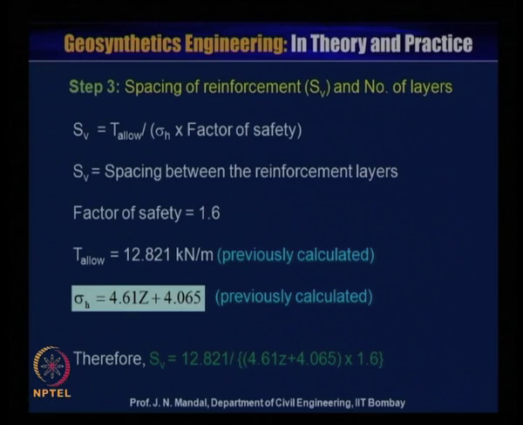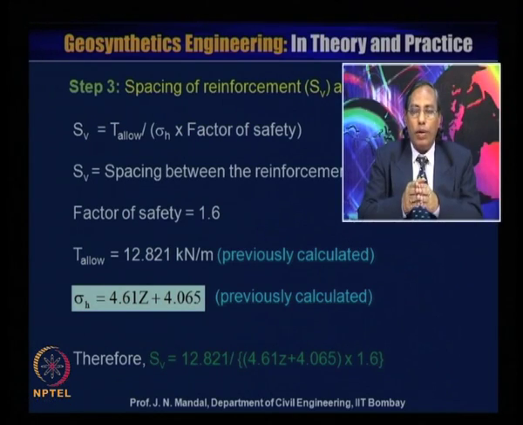Step 3, you have to find the spacing of the reinforcement SV and the number of layers. So, SV, the spacing, will be equal to T allowable divided by sigma H into factor of safety, where SV is the spacing between the reinforcement layers, and factor of safety is equal to 1.6. T allowable is 12.821 kilonewton per meter, which we previously calculated, and we know also that sigma H is equal to 4.61 Z plus 4.065.